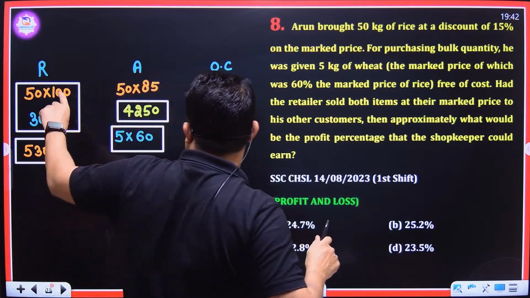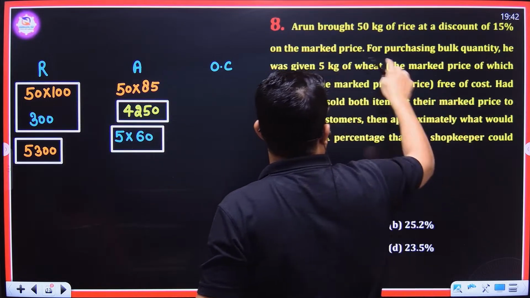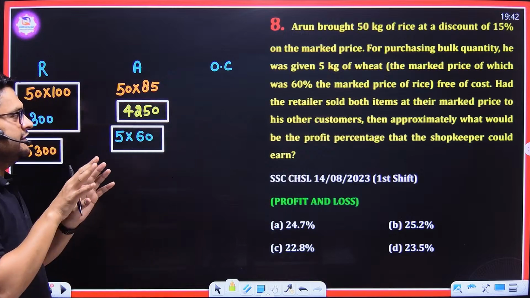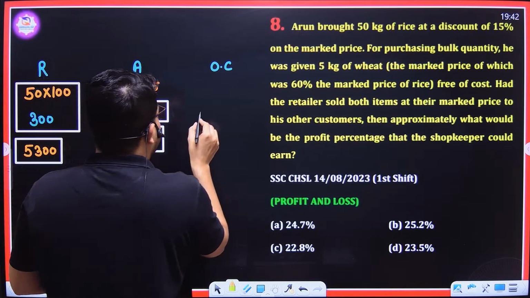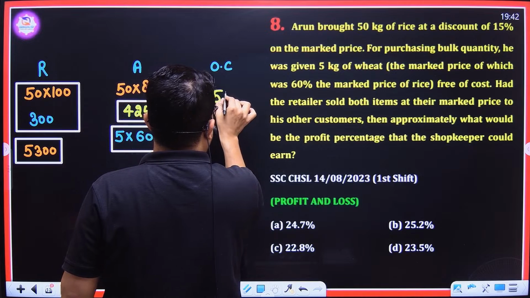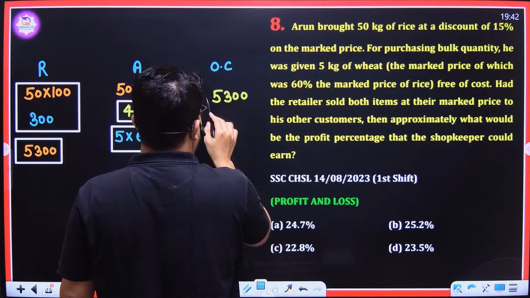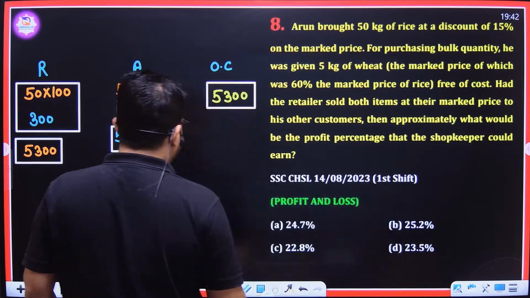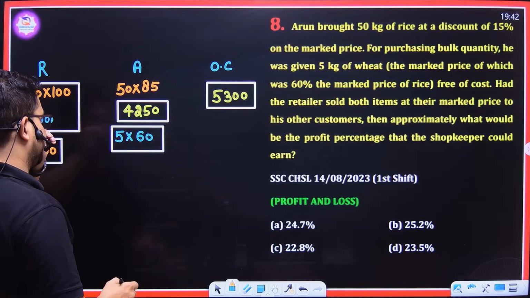Had the retailer sold both items at their original mark price, then he will get 5300 from the other customer if he does not give any discount or free material. So in the first case he was getting 4250, but here he is getting 5300.